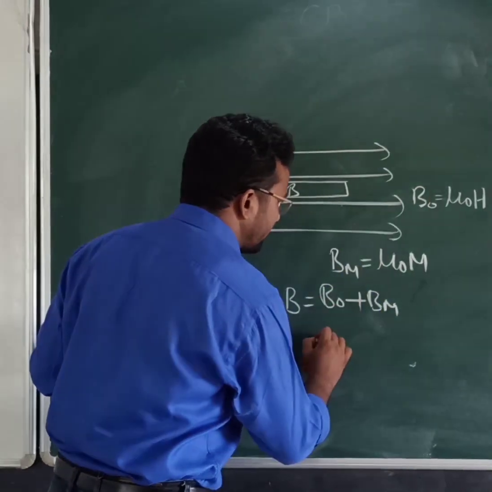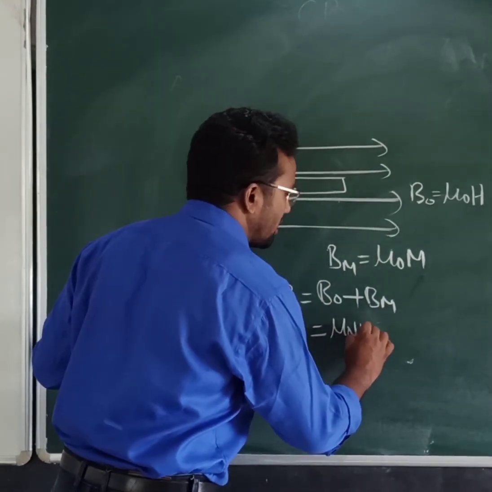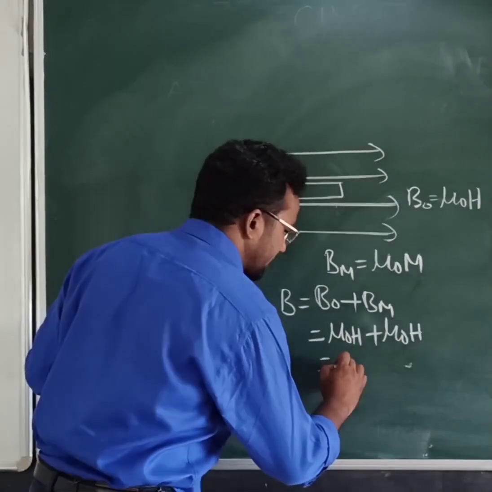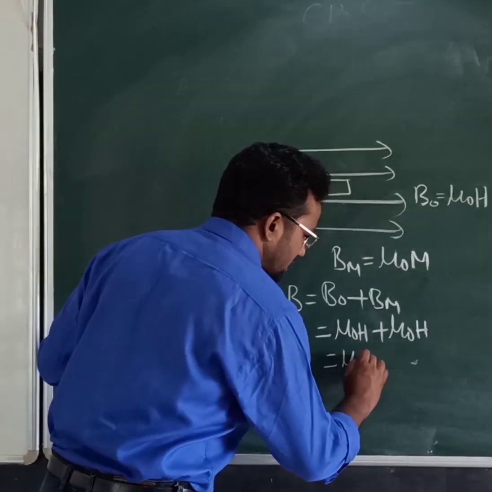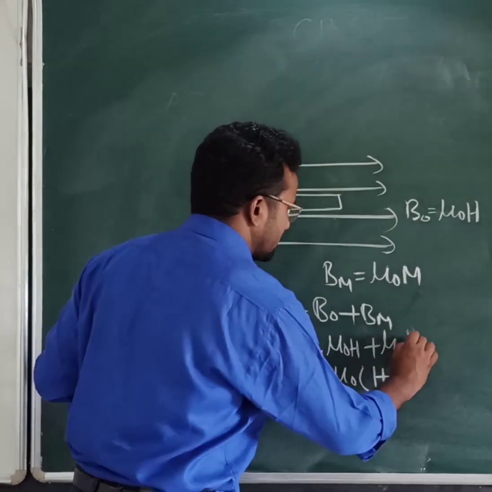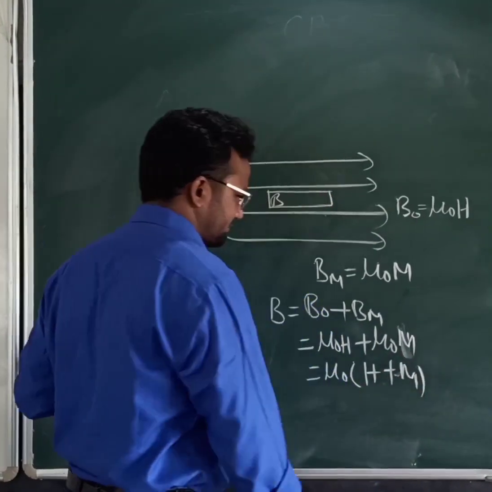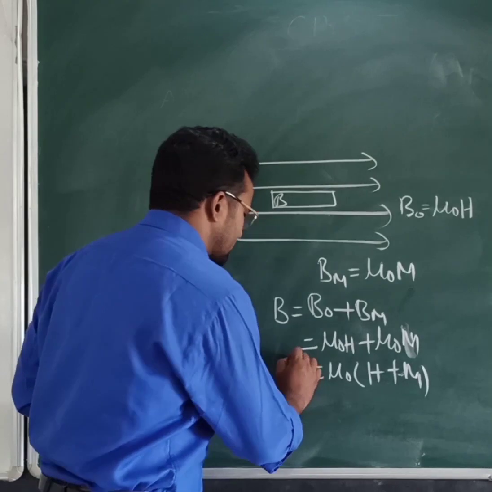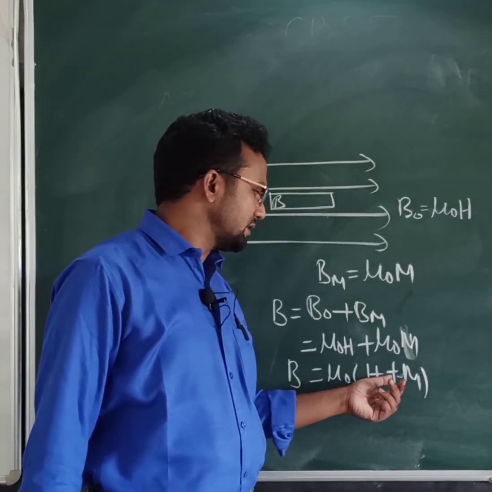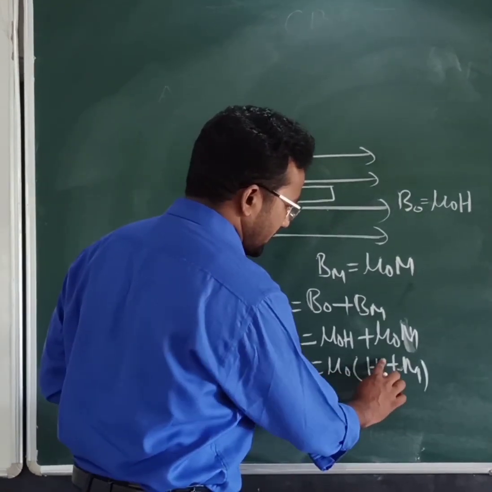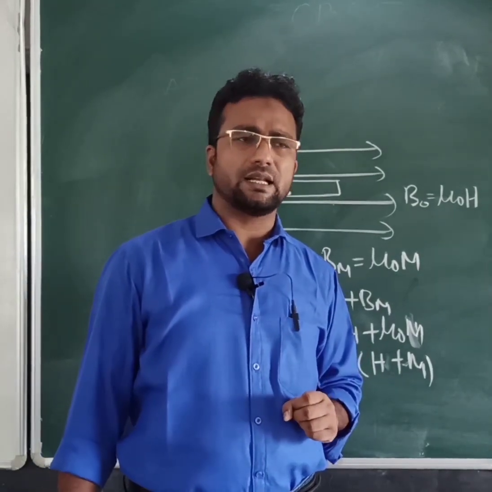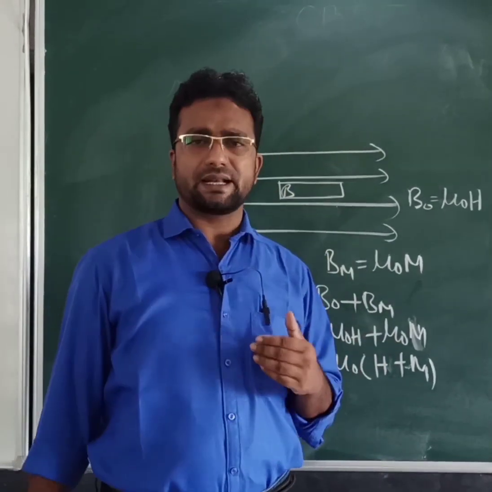When we put in the values, this will be mu naught H plus mu naught M. Finally, we obtain B equal to mu naught times (H plus M). It is the final magnetic field of this material.